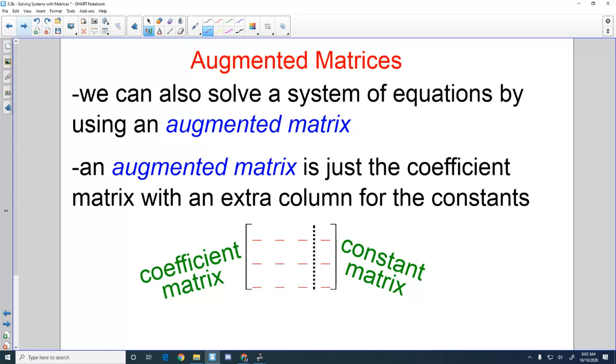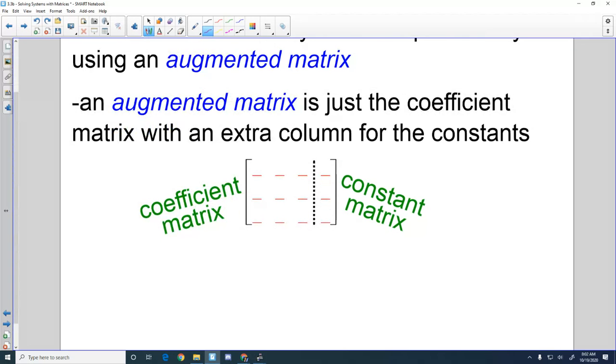All right, one other technique I want to show you. And this is going to lead into using the graphing calculator to solve them. There's one last type of matrix we're going to talk about this year called an augmented matrix. The augmented matrix is really just the combination of your coefficient matrix with your constant matrix.